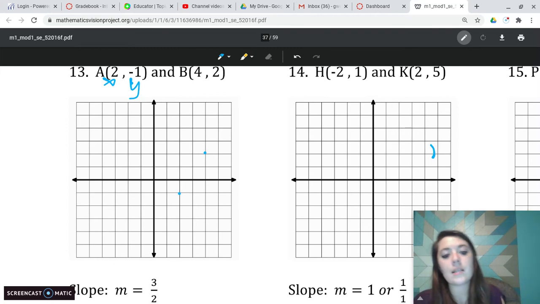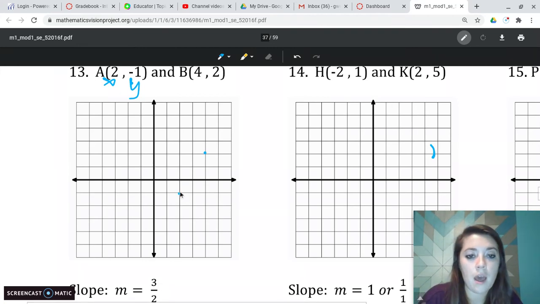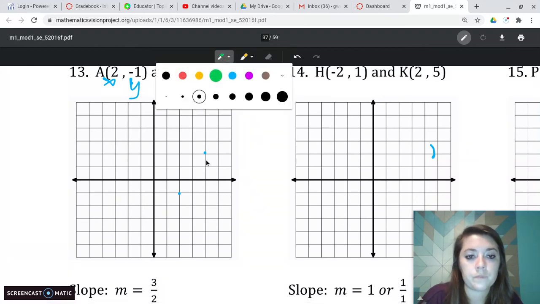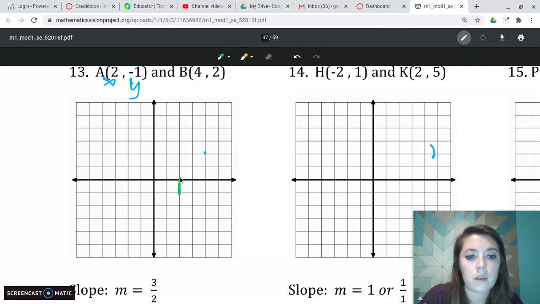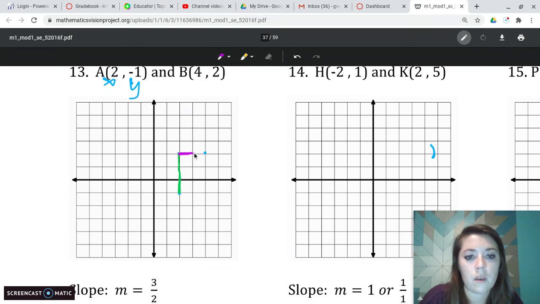Now, it says that our slope is 3 over 2. So that means we're going up. Let me change the color here. We're going up 1, 2, 3, and over 1, 2.